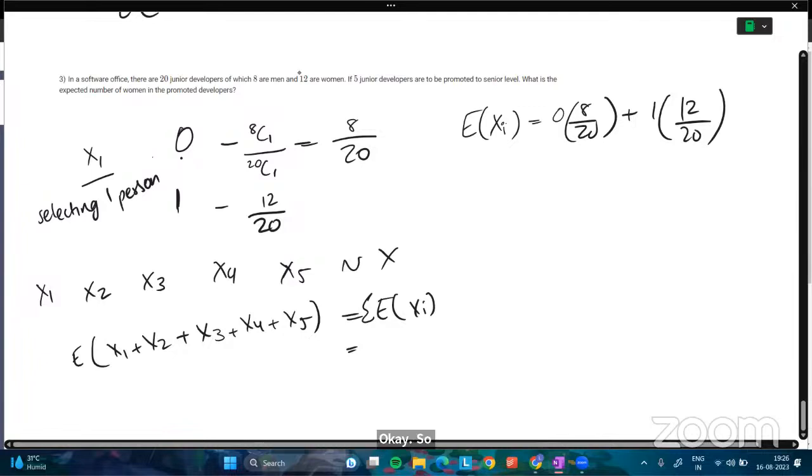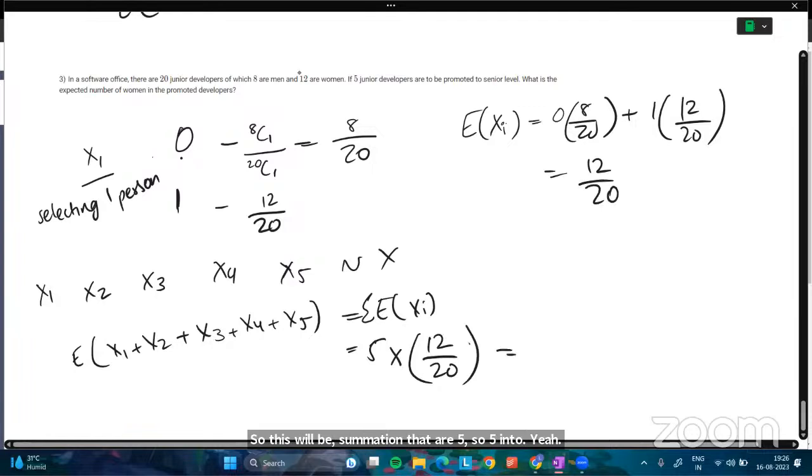So this will be summation. There are 5, so 5 into 12 by 20. That will be 12 by 4 or 3.